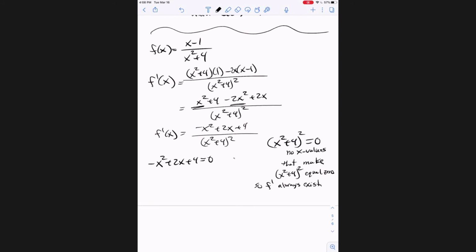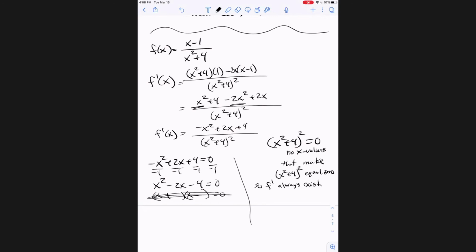Well, that's where the numerator comes into play. Can the numerator ever equal 0? There, we're going to use the quadratic formula. Now, I don't like my a value being negative, so I'm going to divide everything by -1. That's just my preference. You don't have to do it that way. Then really quickly, I can check that it doesn't factor. Two numbers that multiply to -4 have to be opposite signs. 2 and 2, nor 4 and 1 work.